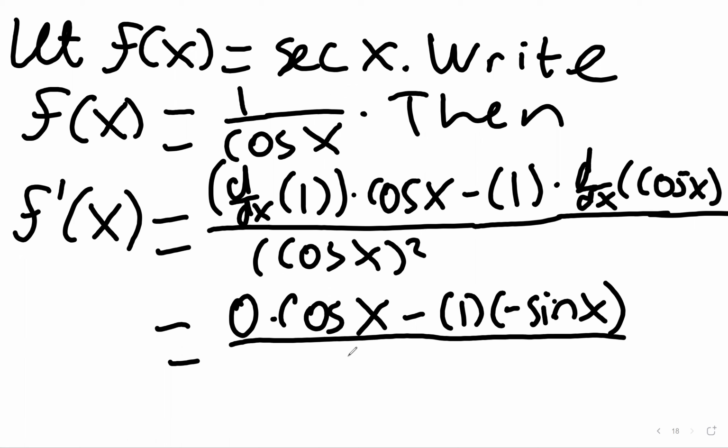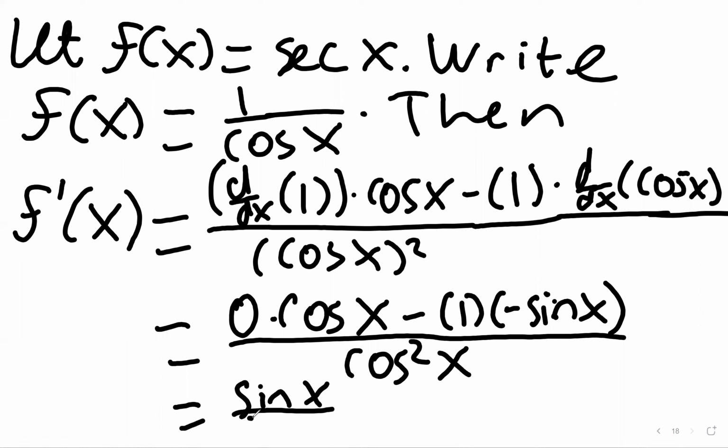Divided by cosine x squared. The numerator will be minus sine of x, so sorry, the numerator will be plus sine of x. So sine of x divided by cosine square of x.